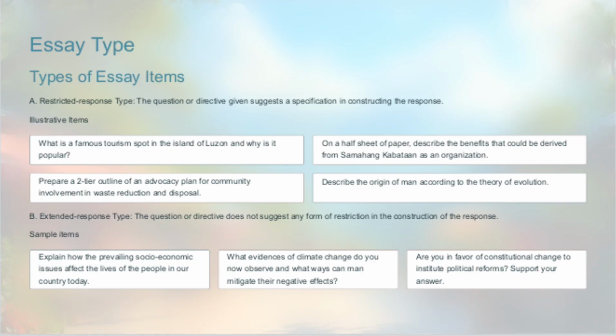What is a famous tourism spot in the island of Luzon, and why is it popular? As you can see, it has an additional question. It started with why. And the response must be in a paragraph style or sentence style. Additional example questions are below. You can read them if you want.